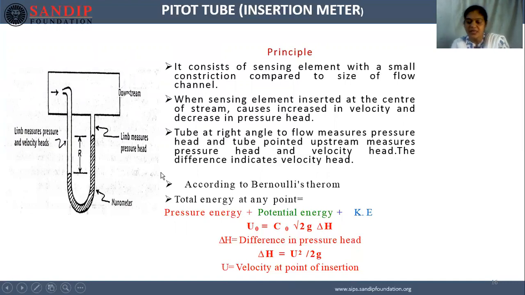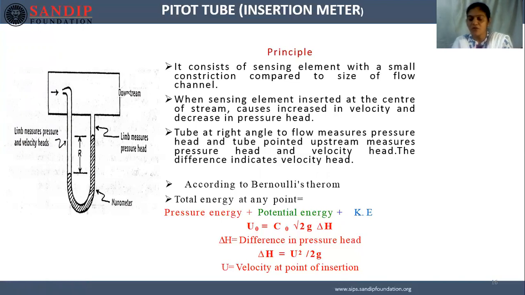Let us discuss in short the construction of this Pitot tube, as shown in this diagram. As we already saw, the Pitot tube is called the insertion meter. The size of the sensing element is small compared to the size of the flow channel. This is necessary during construction.